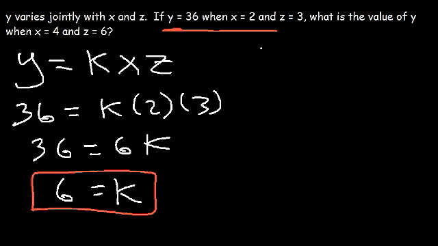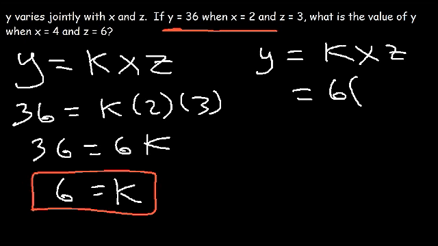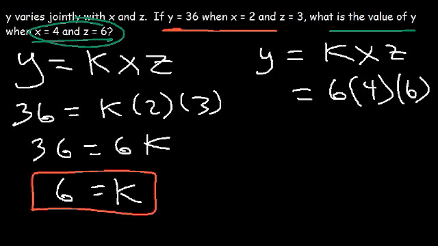Now let's solve for y. So y is kxz. Let's plug in the value of k. So k is 6, and let's plug in the new values for x and z. So x is 4 and z is 6. So 6 times 4 is 24.